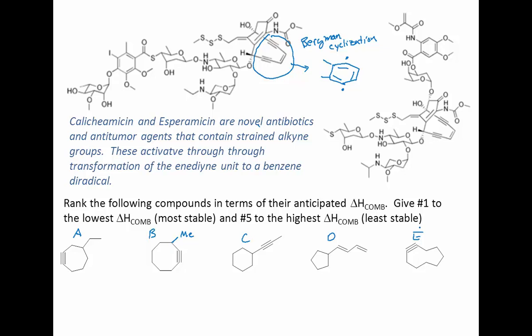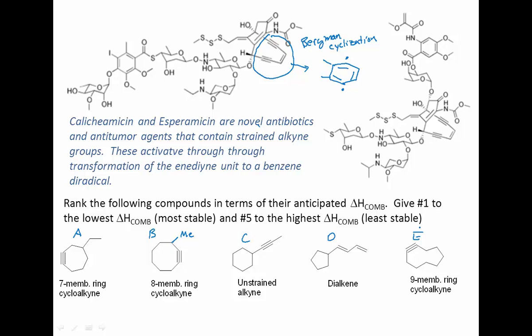So D is the most stable compound. We're going to rank this as number 1. And we're going to rank as number 5 compound A because, remember, we said we cannot have an alkyne in a 7-membered ring, but all of the other compounds are capable of some sort of room temperature lifetime.